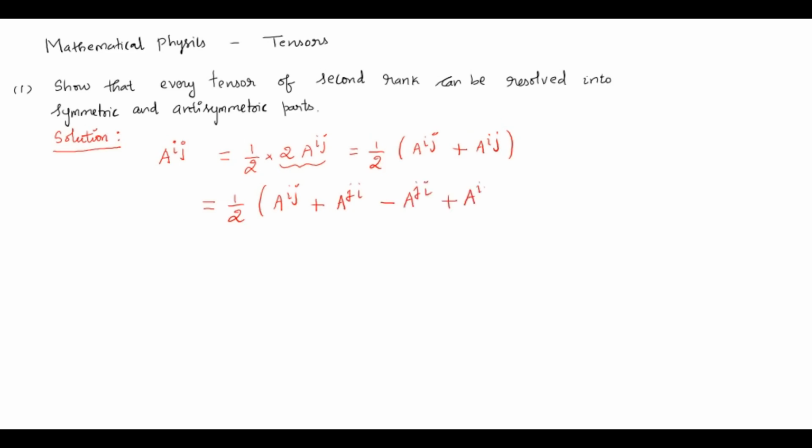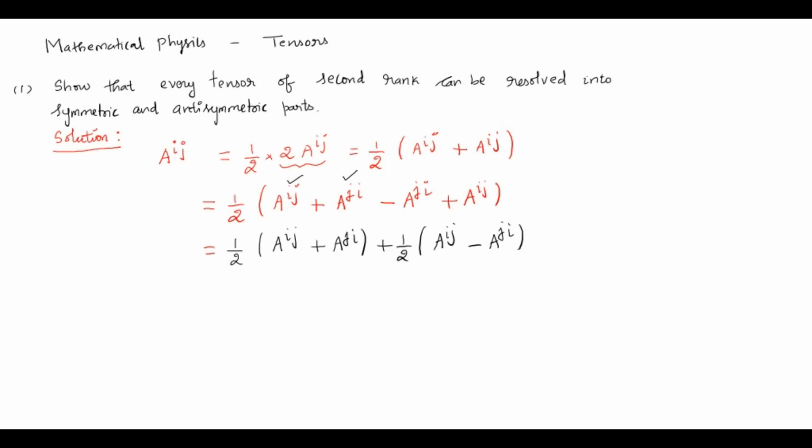Combining these, we write this as half of Aij plus Aji, plus half of Aij minus Aji.